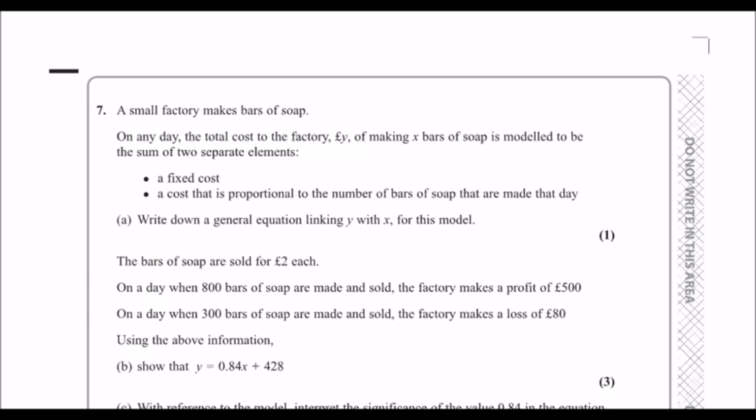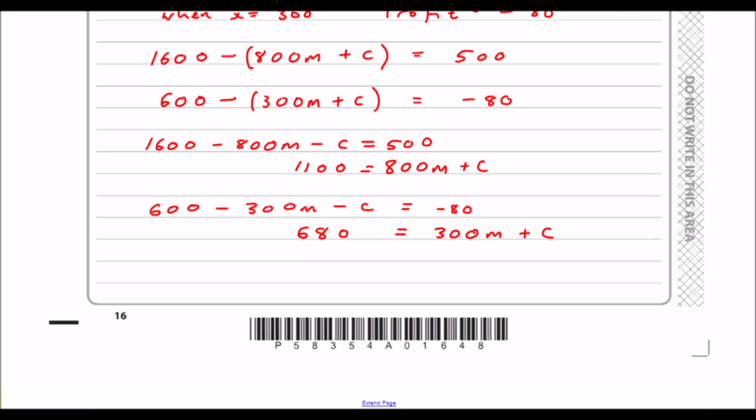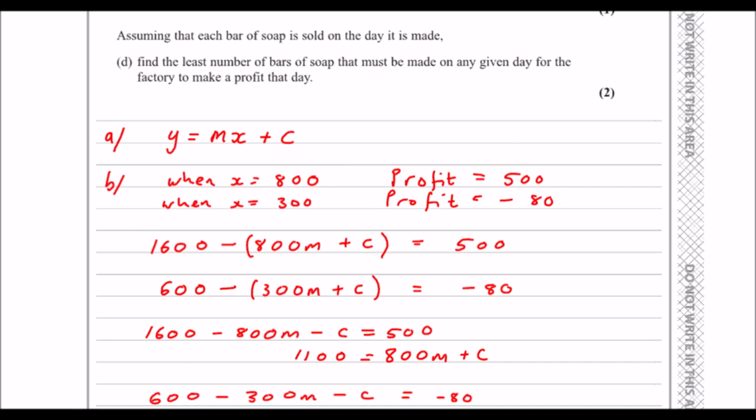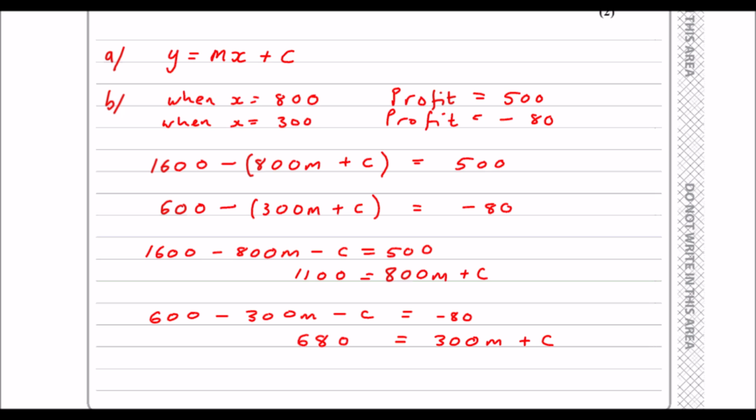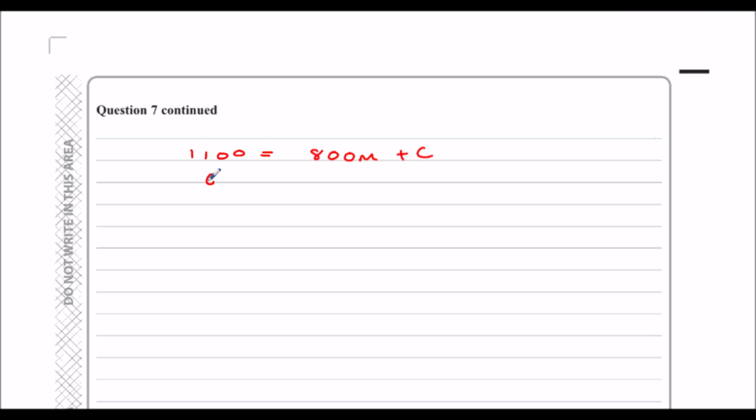So 1,100 equals 800M plus C. And 680 equals 300M plus C. So let's take away, so top equation minus bottom equation.